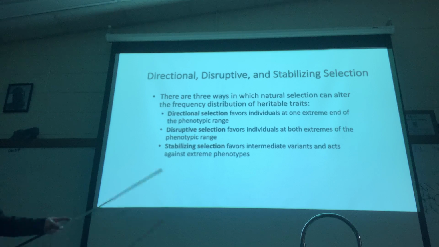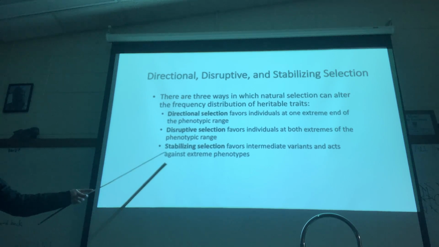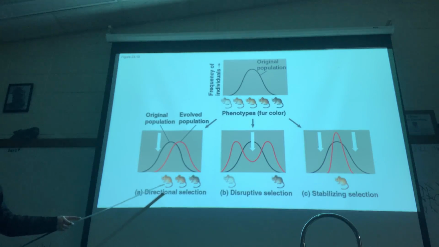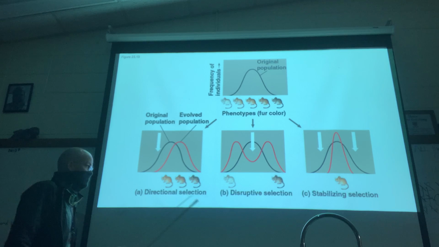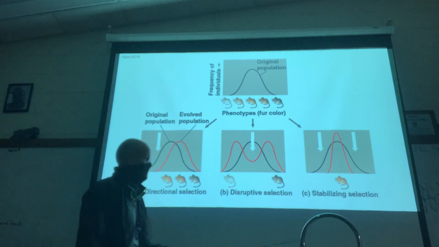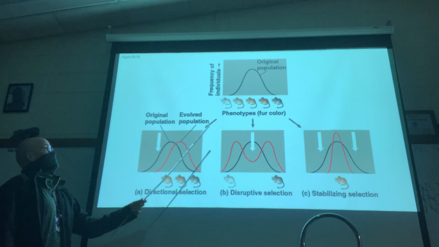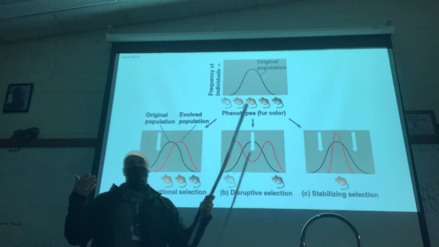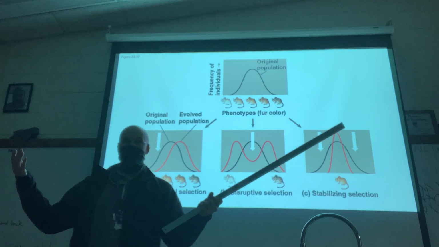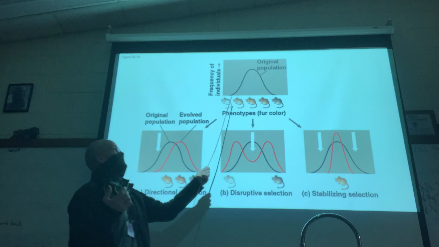So these same terms are going to be written on each graph on this slide. Here we have the three different ones: directional, disruptive, and stabilizing selection. You have to start with a baseline. We're going to call that the original population up here.